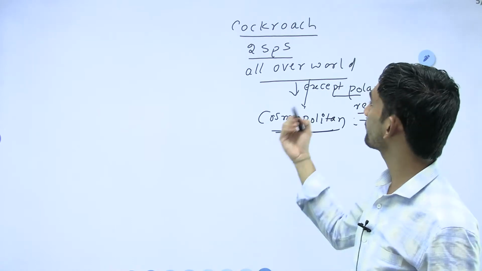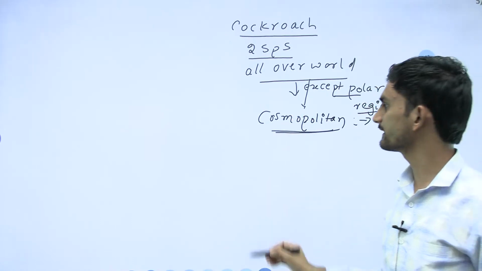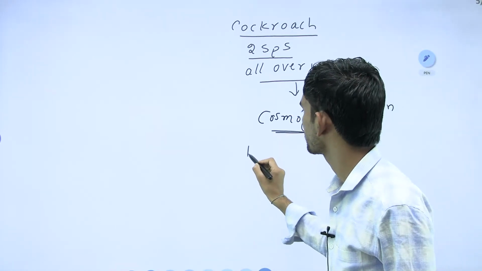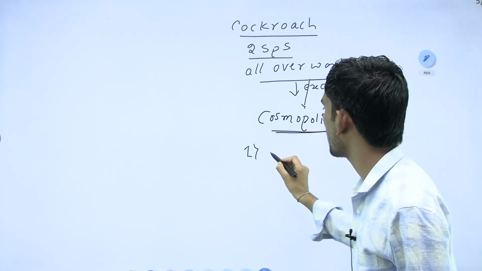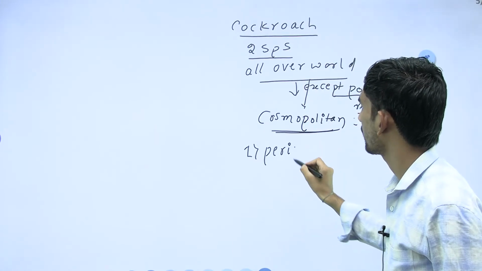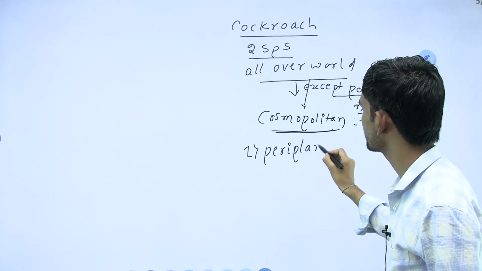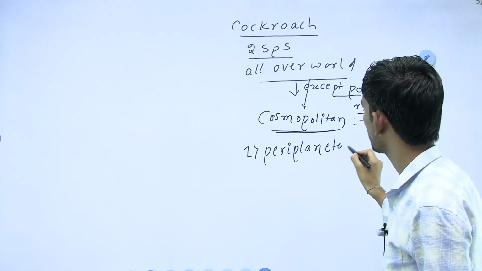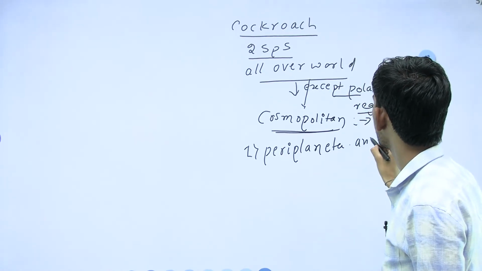What are the two commonly well-known species? Species number one you have to remember is Periplaneta americana.